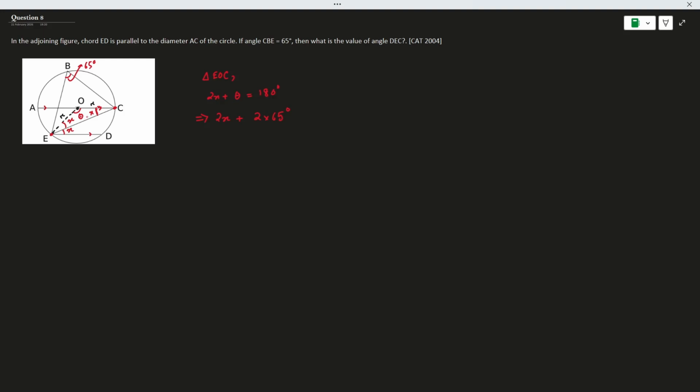There is a property of circle which states that the angle subtended by a chord at the center is twice the angle subtended by the same chord at the same segment of the circle, and that point should be on the circumference of the circle. Okay, so B is a point which is on the circumference of the circle, and this B lies on the same segment.